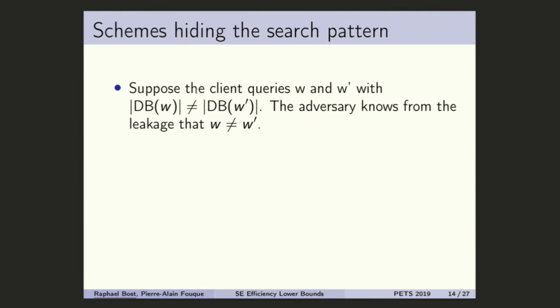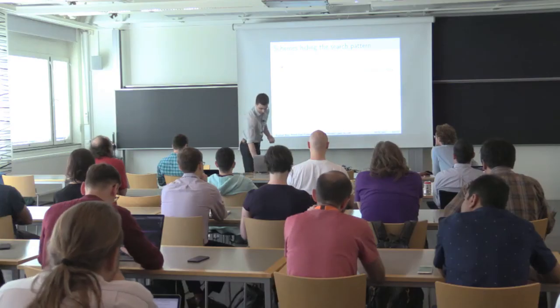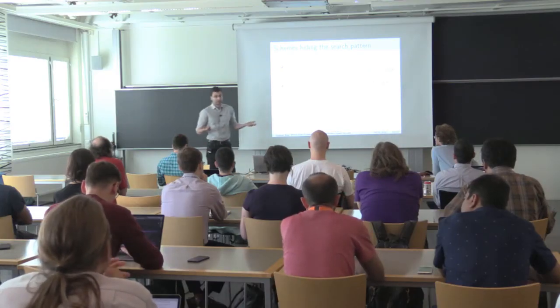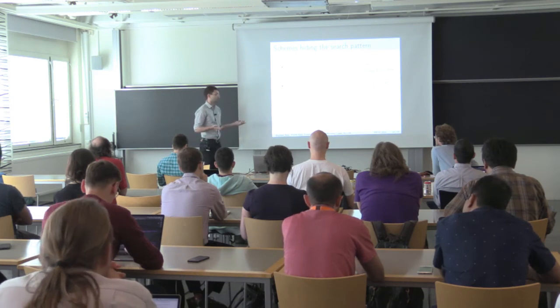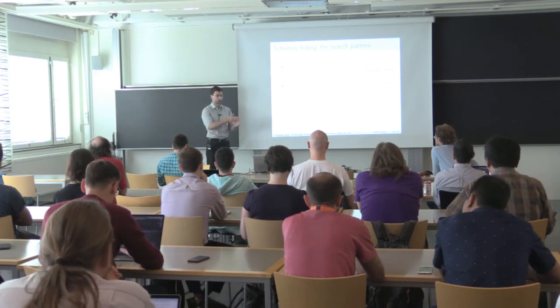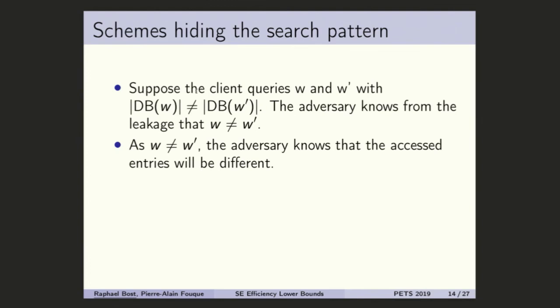And then another nice thing is that now suppose that the client makes two queries, W and W prime, and those two queries have a different result size. Because they have different result sizes, the adversary immediately knows that the keywords are different. It is immediate. And because the adversary already knows that they are different, he knows that the accessed entries during those two searches will be different.